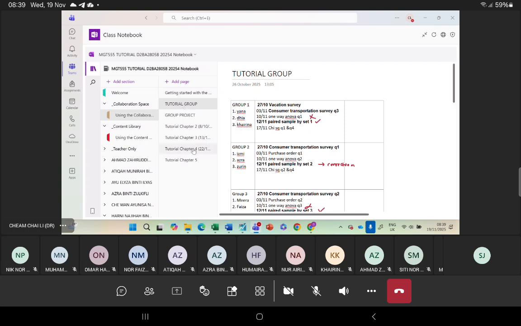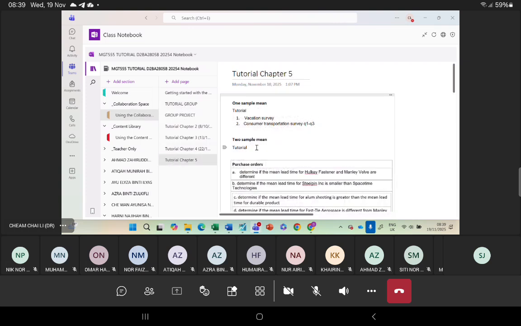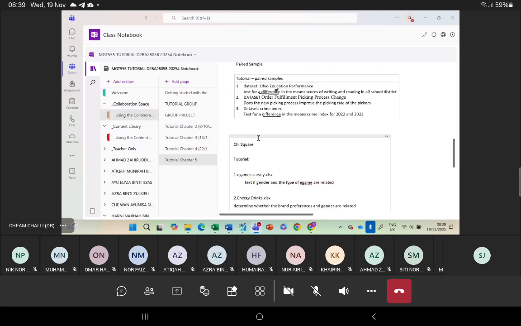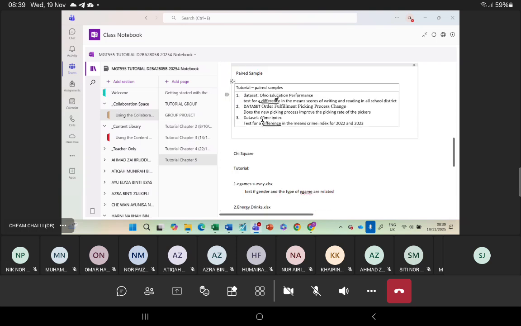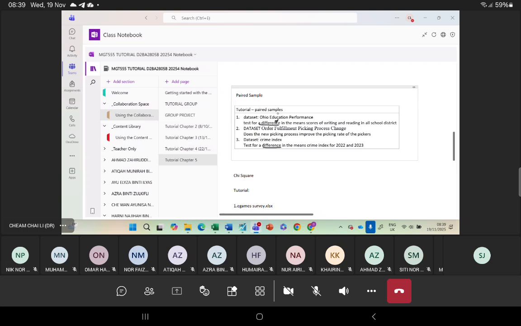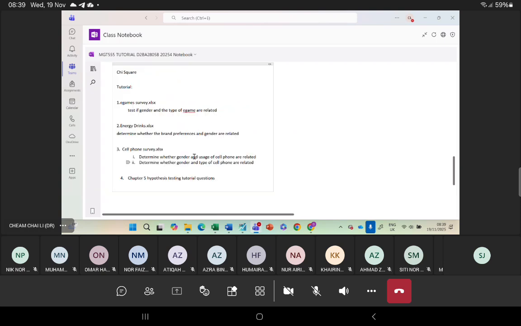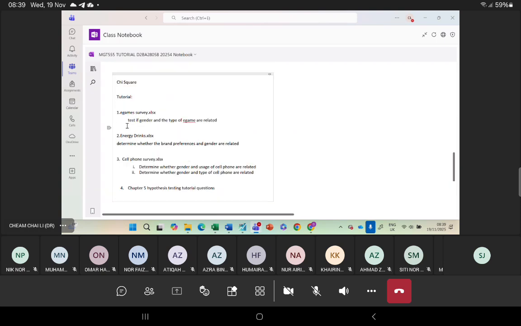Tutorial question. I have this. Okay, we are done. Paired sample is done. We discussed it on 19/11/25. Right. Okay, for chi-square, look at this question.